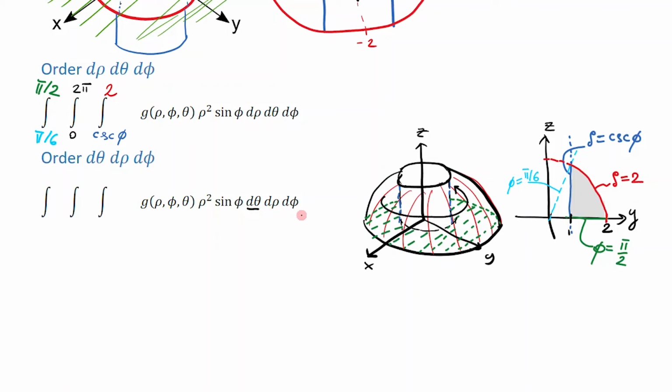Fixed rho and phi on the YZ trace correspond to just a point. By varying theta, we would describe a circle around the z-axis, like this. And the bounds on theta are just 0 to 2 pi.